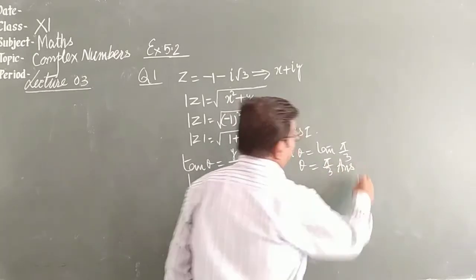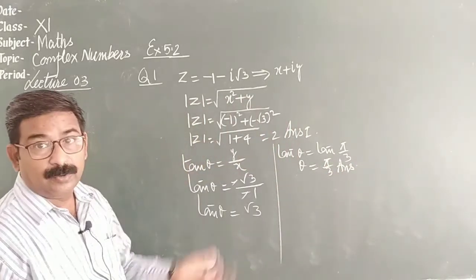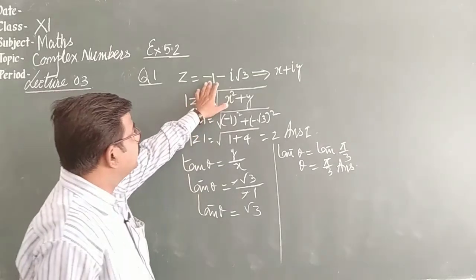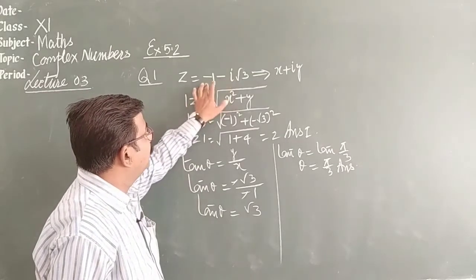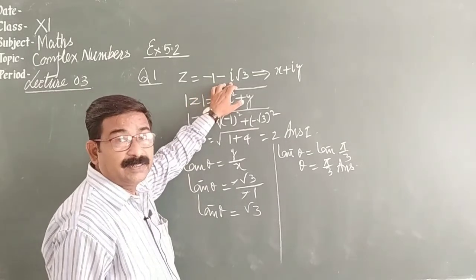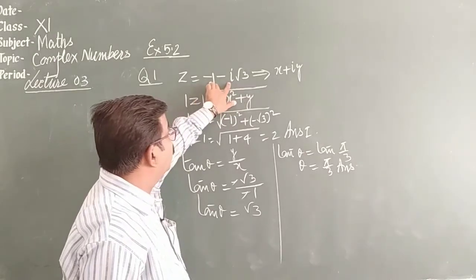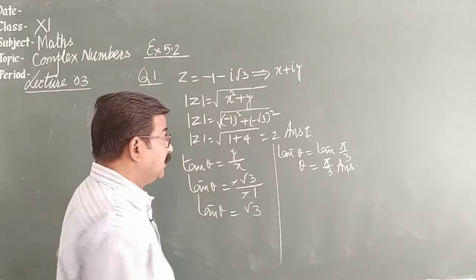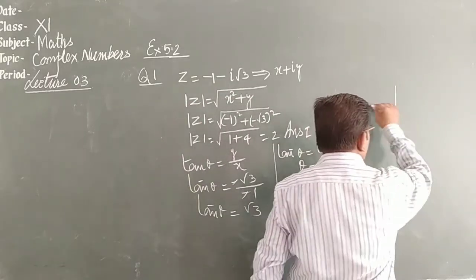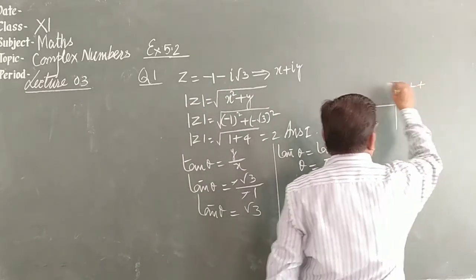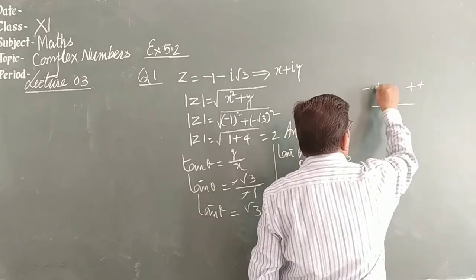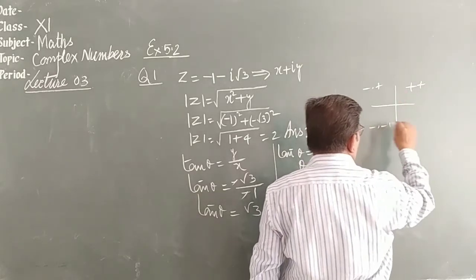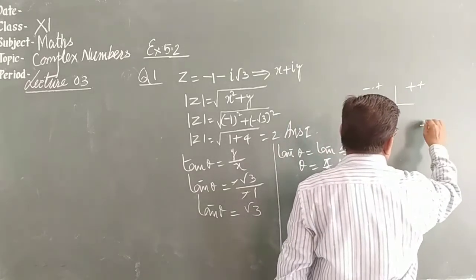This is the answer if it lies in the first quadrant, but we don't know that from this x and y alone, so you have to check this. X and y are both negative. It means it is in the third quadrant. See, this one is plus plus, this one is minus plus, this one is minus minus, and this one is plus minus.